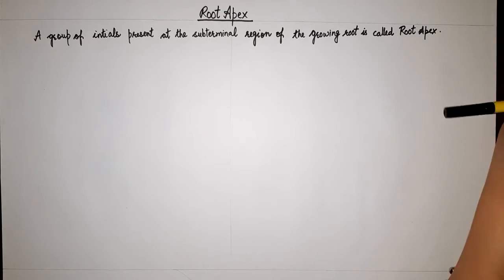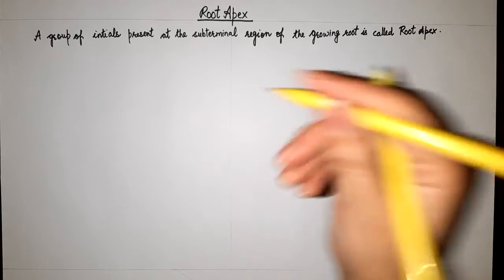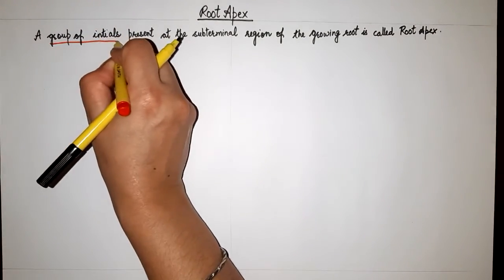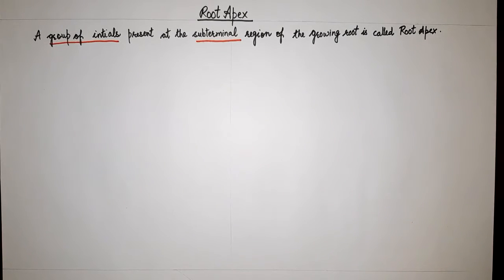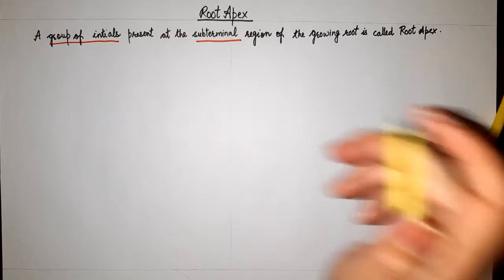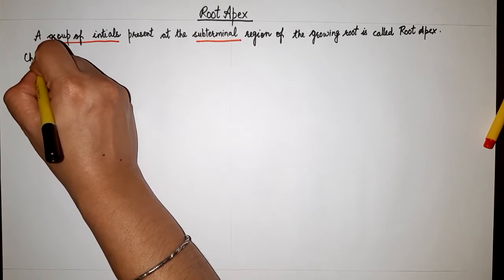Okay, so basically root apex, these are the group of initials and they are subterminal in position because of presence of root cap.